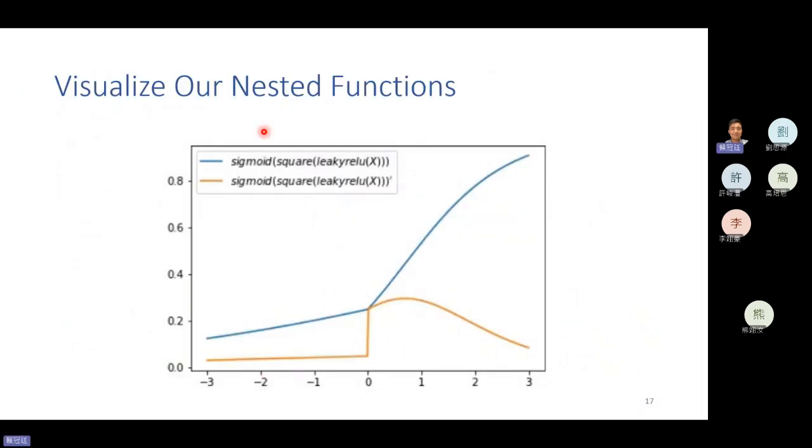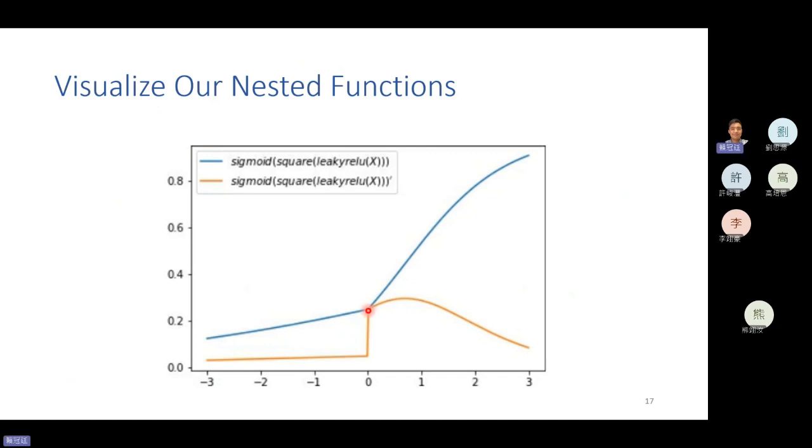Again, we can visualize our nested function. Today, the leaky ReLU always has a small value after zero, and then the square and sigmoid functions. Actually, the leaky ReLU is not continuous at point 0.